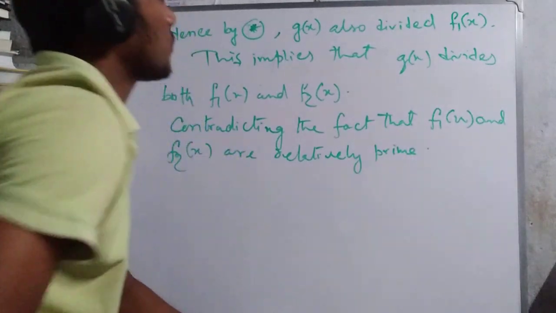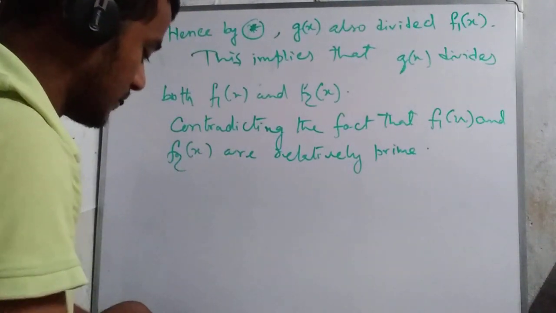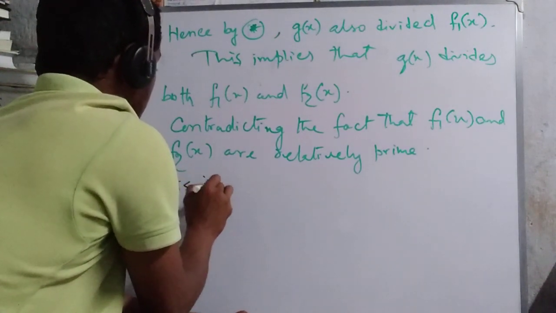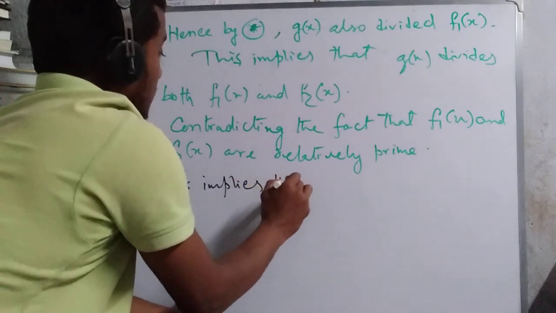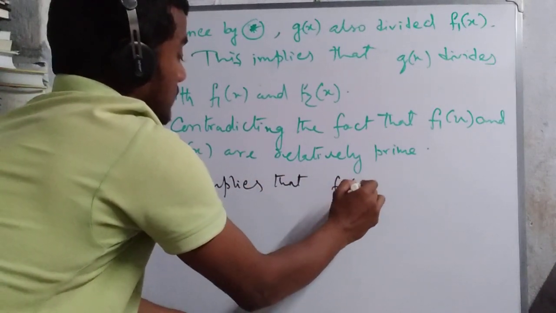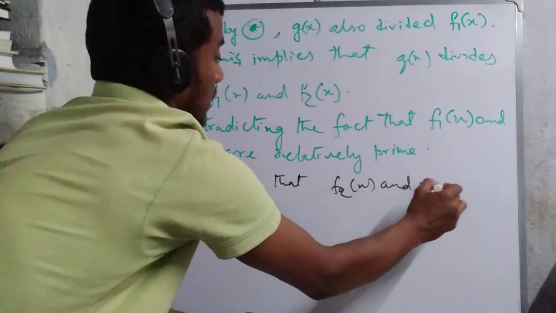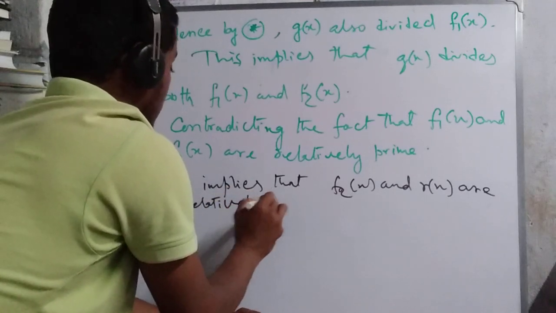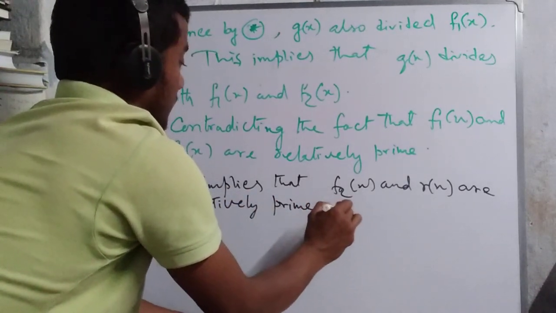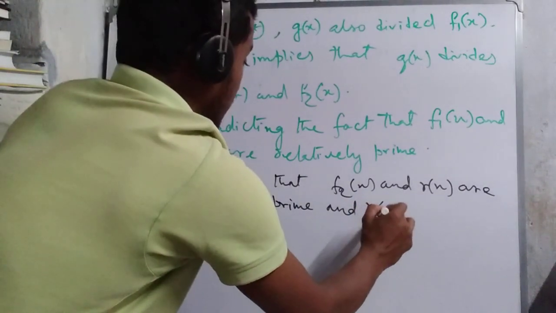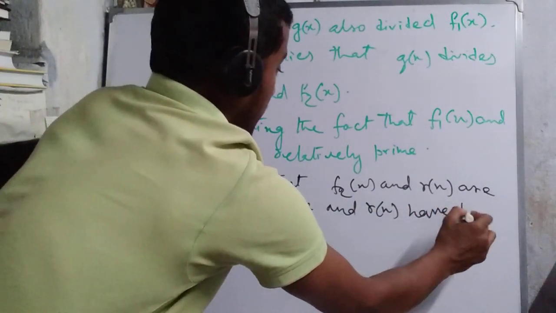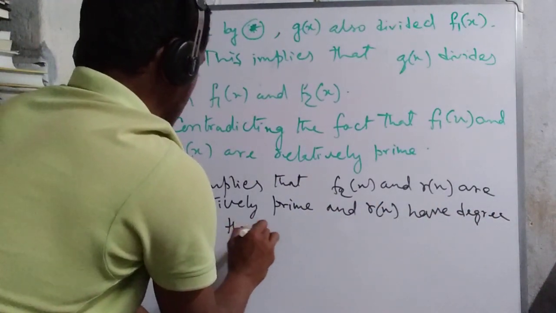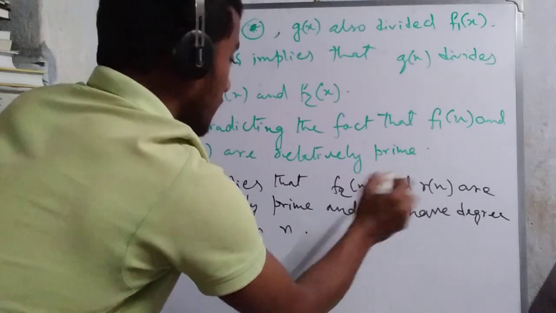So our assumption is wrong, and this implies that f2(x) and r(x) are relatively prime, and obviously r(x) has degree less than n, where n is the degree of f2(x).